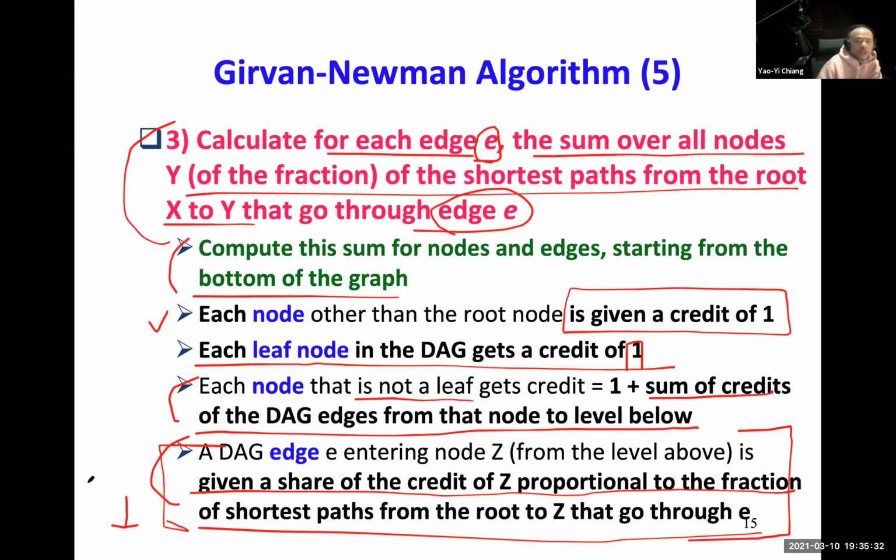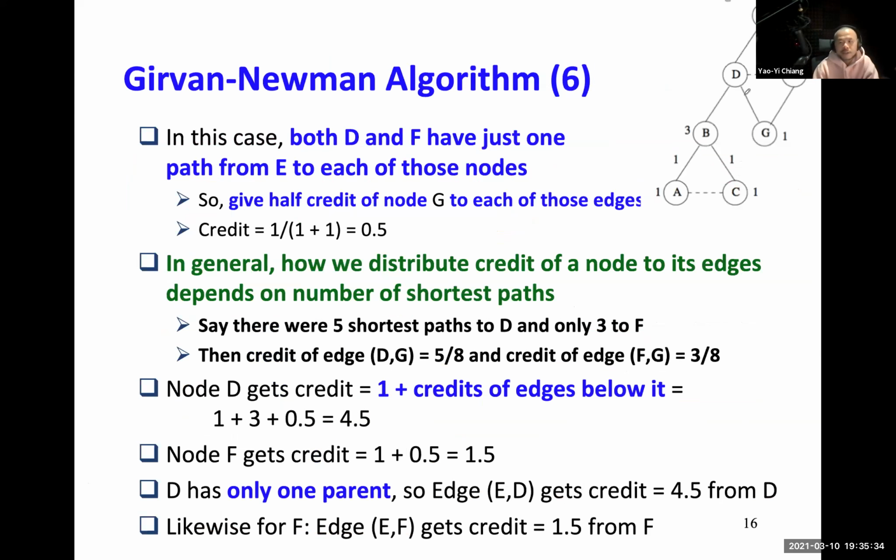So in the case of propagating DG and FG, we can look at both D and F. From D and F, both of them have just one path from E to G, right? So you do this 1, you do this 1.